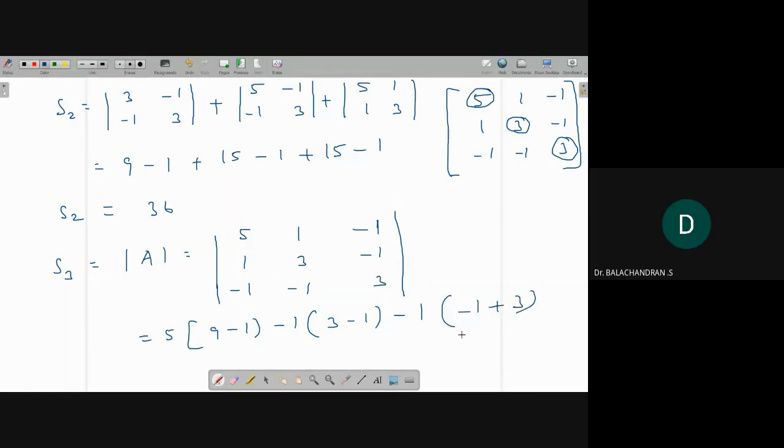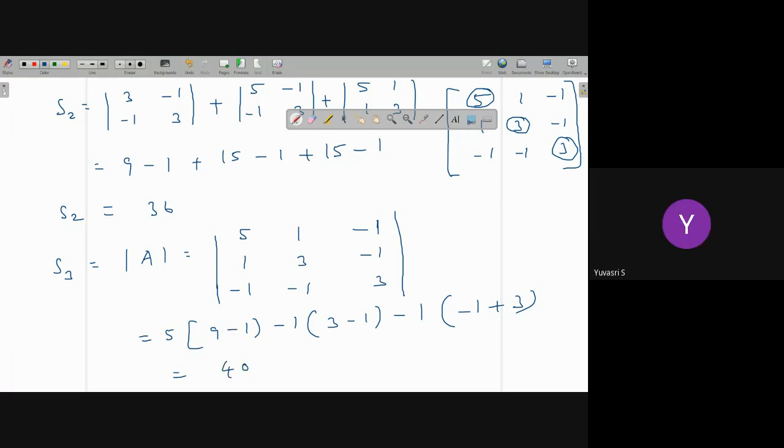So this is equal to 40 minus 2 minus 2, that is 36. So S3 is 36.